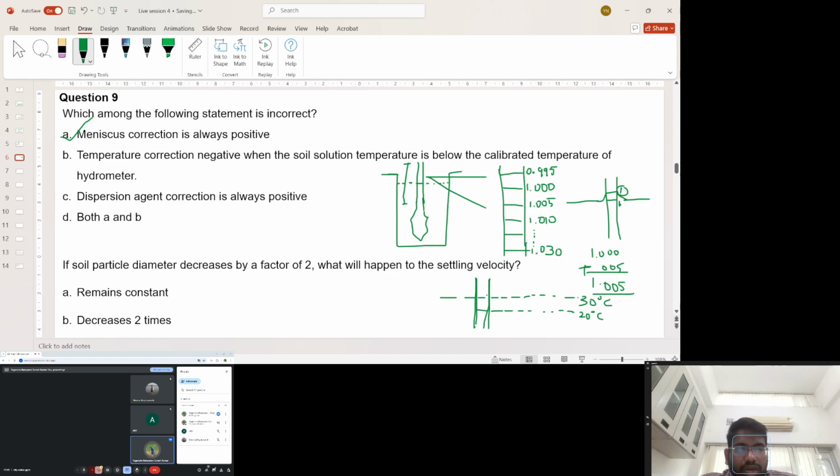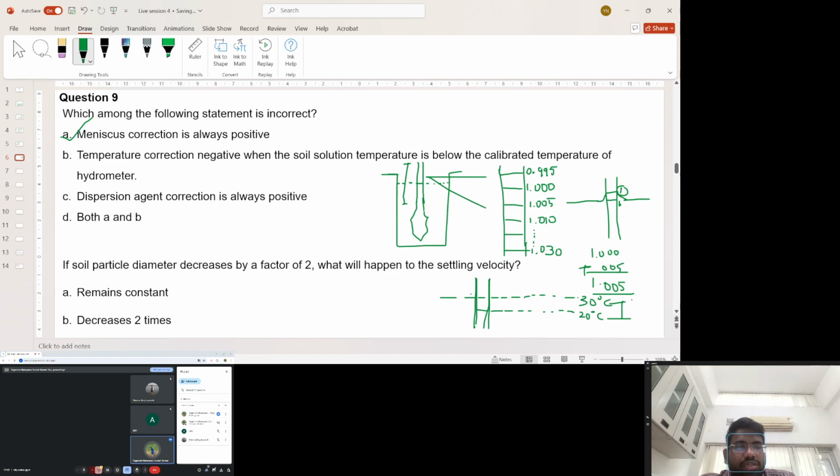In order to correct the value to 30 degrees centigrade, for which you have calibrated the hydrometer, you need to bring the value from here to here, for which you need to subtract it. That is why, when the soil solution temperature is below the calibrated temperature, you will have to subtract the values, so the temperature correction is negative.